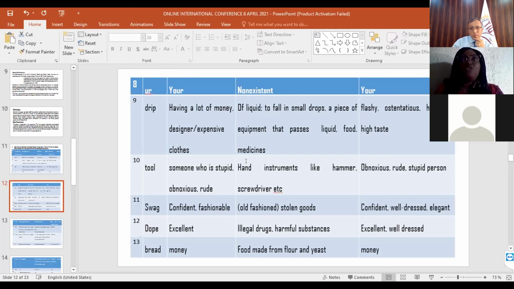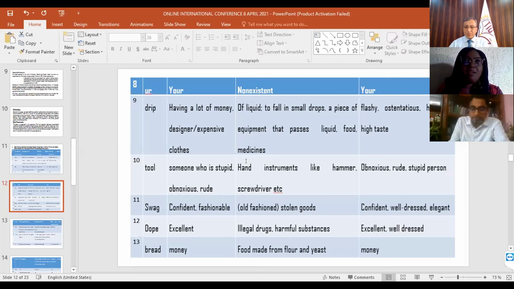Then bread, we all know that bread is food that we take. If I say I had bread and tea for breakfast, it wouldn't mean the same for this kind of users, because to them, bread means money. I need some bread. So if you come to me and you tell me I need some bread, if I have a loaf of bread, I'm going to hand it over to you.